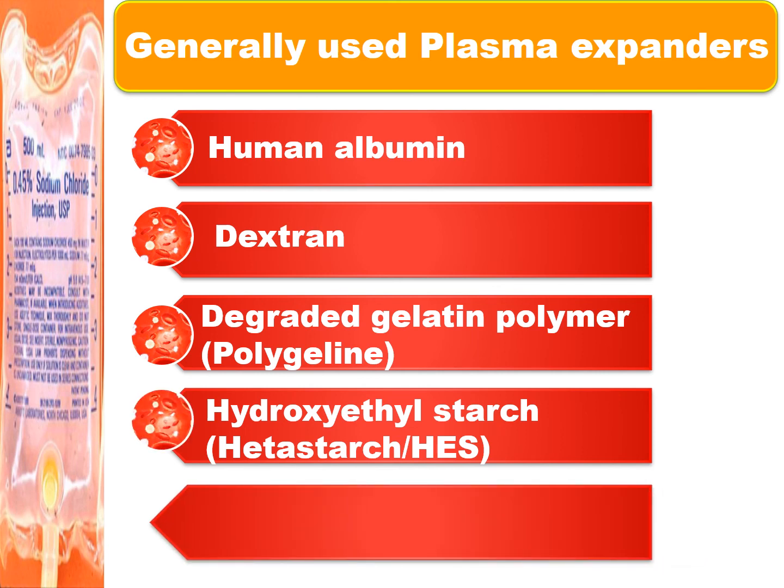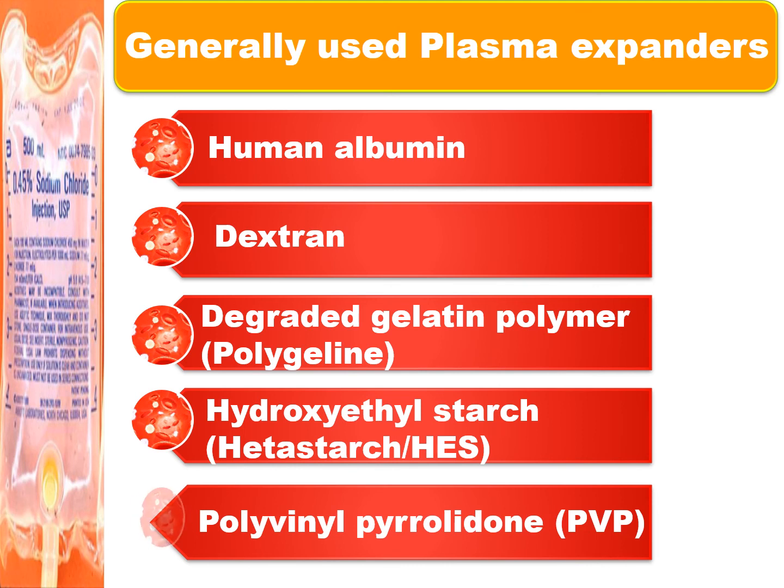Then the fifth one is polyvinyl pyrrolidone, that is PVP. Out of these five, the first four are mostly used clinically to treat patients as plasma volume expanders.